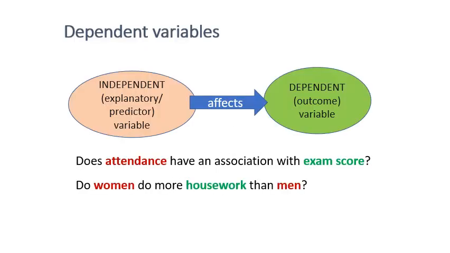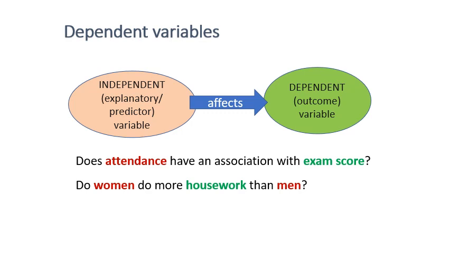Then we have dependent variables. You have to distinguish between the dependent and independent variables. Independent variables are the explanatory variables, while the dependent variables are the outcome variables.